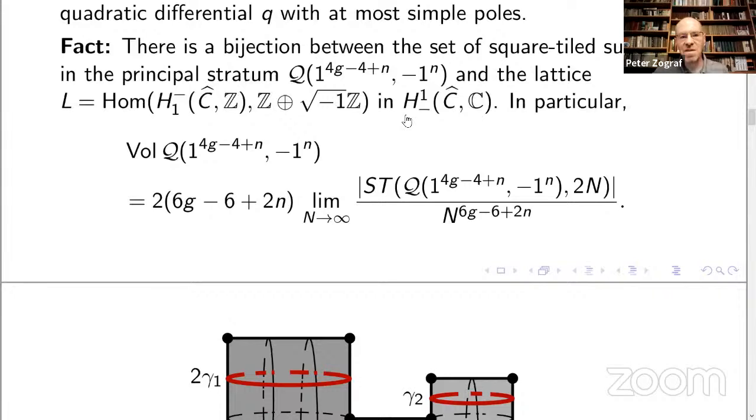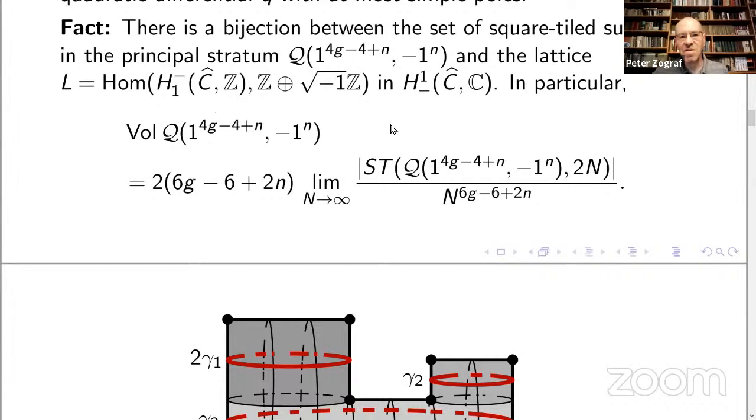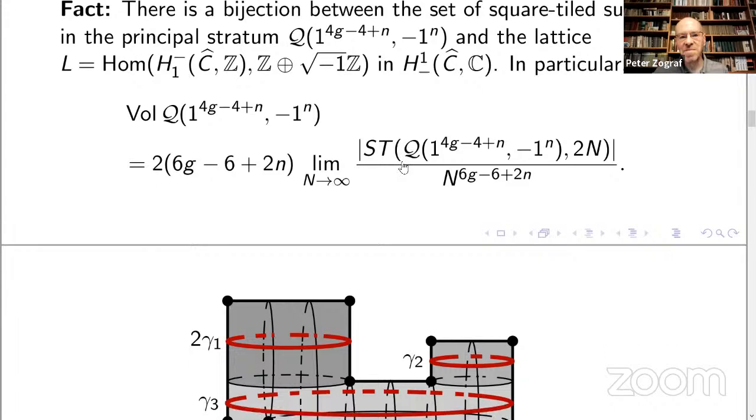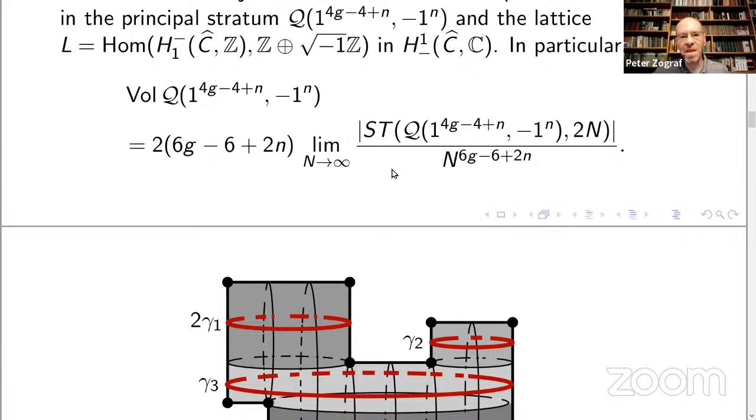In particular, we can compute the volumes by counting square tile surfaces in the principal stratum with at most 2n squares. The vertical bars mean the cardinality of this set, and the limit when n tends to infinity is, up to a constant, the volume of the principal stratum. This volume is usually called the Masur-Veech volume.